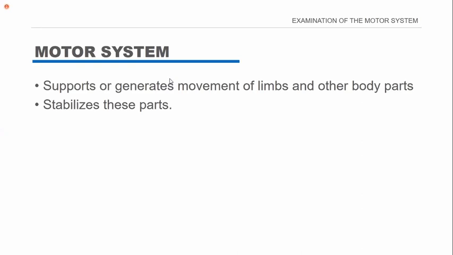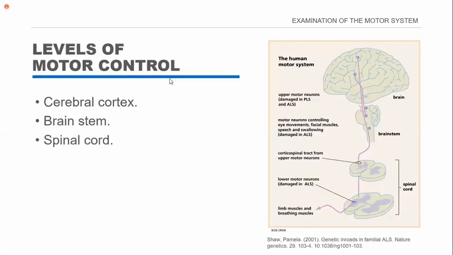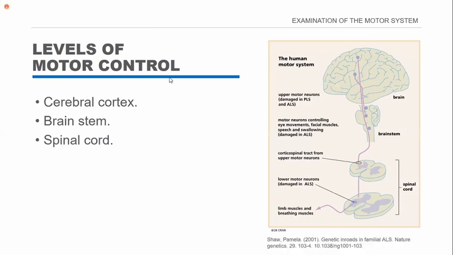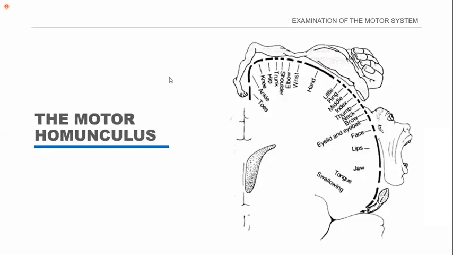stabilizes these movements. In the central nervous system, we have 3 levels of motor control. The highest control is through the cerebral cortex, then through the brainstem, and then through the spinal cord. The cerebral cortex has a representation of all parts of the body, and it controls movement at the highest level.